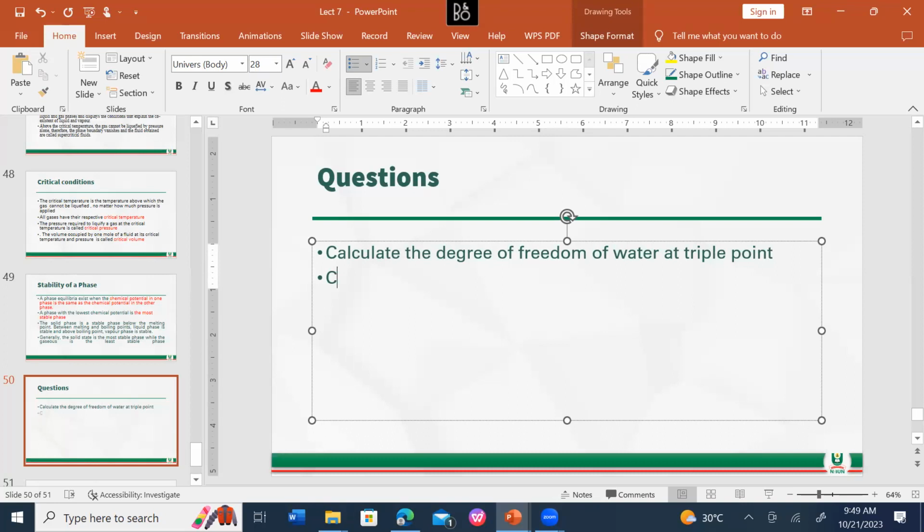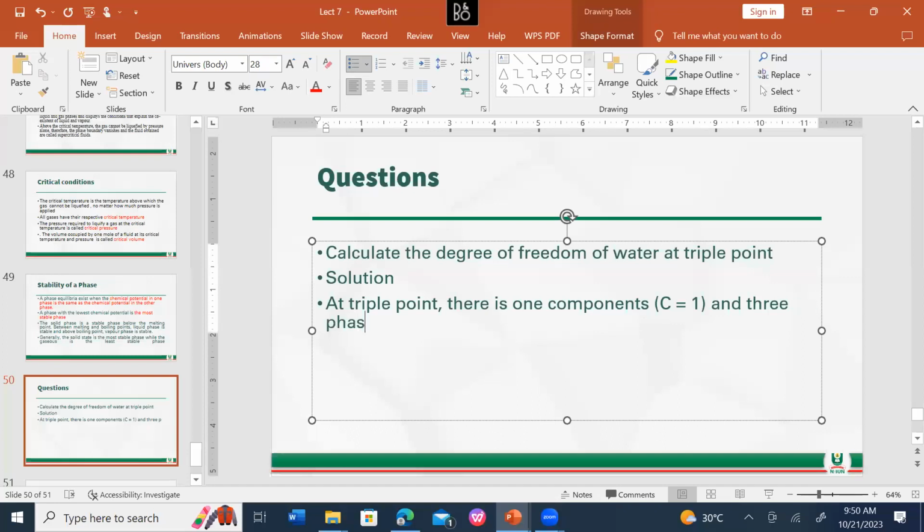Solution: at triple point, there is one component, that means C is equal to 1, and 3 phases, that is solid, liquid, and gas.